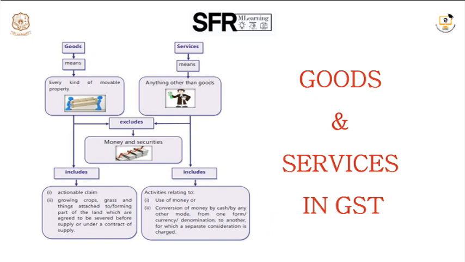So, these are included as services. To be specific, Schedule 2 of the CGST Act enumerates various circumstances where an activity would be treated as goods or as a service. So, Schedules 1, 2, 3 will give a brief explanation about services and goods.